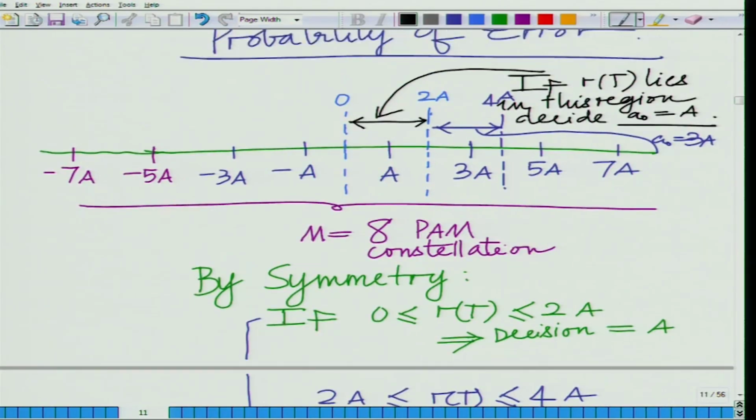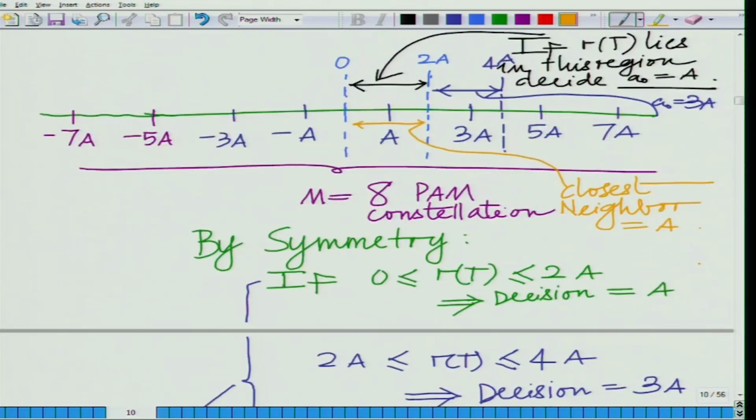Now, obviously another interesting aspect you can see here is that you can also call this a nearest neighbor criterion, because if R lies in 0 to 2A, then the nearest neighbor is A, that is, it is closer to A than to any other point. So, in this region the closest neighbor is A. This decision rule is basically taking RT, looking at the closest neighbor and assigning it to the closest neighbor.